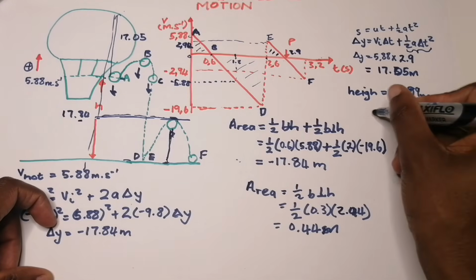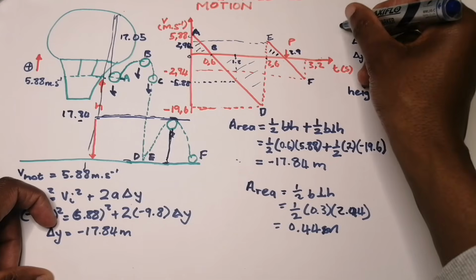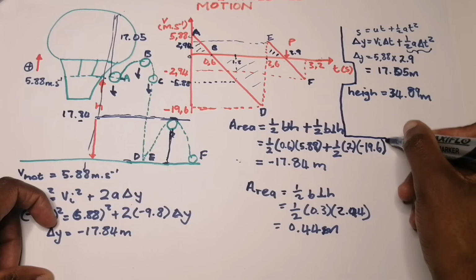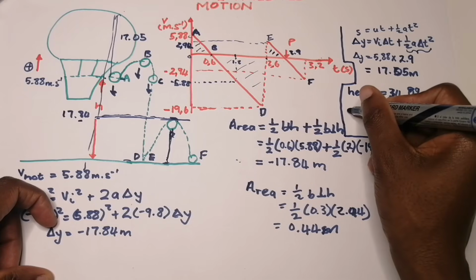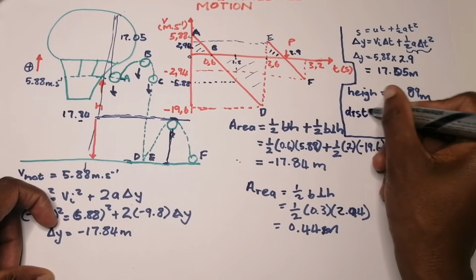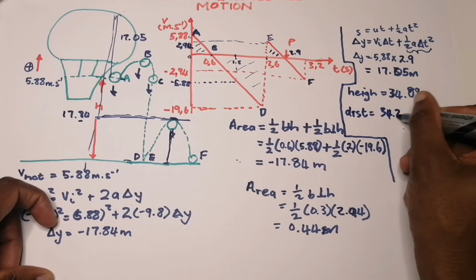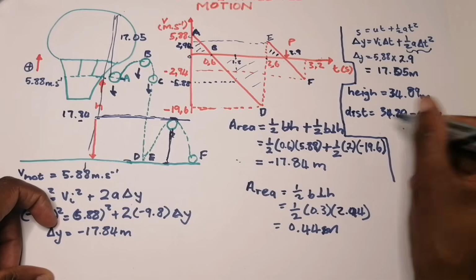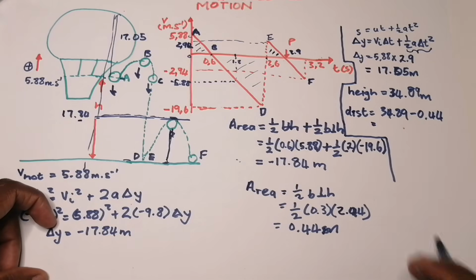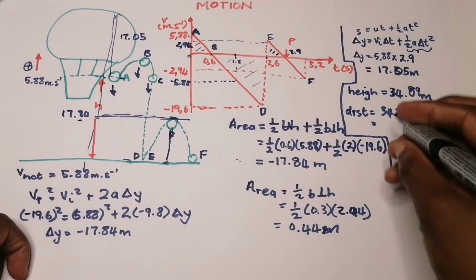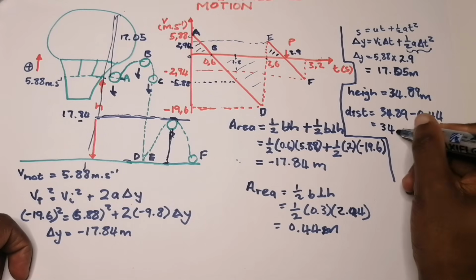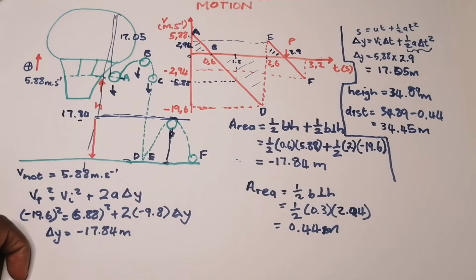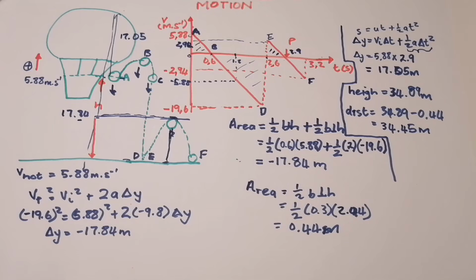Sorry about the mess here, I didn't have enough space to write that. So the distance would be 34.89 minus 0.44, and that should give us 34.45 meters. I hope that makes sense, ladies and gents.